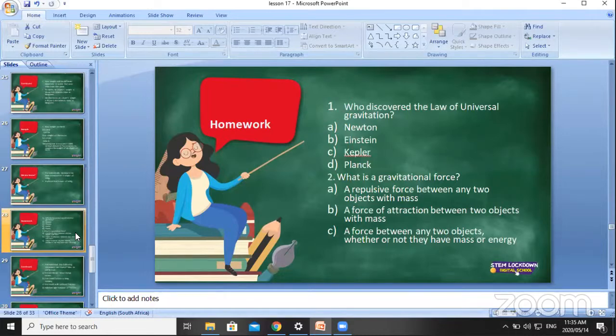Number 2, what is a gravitational force? Is it A, a repulsive force between any two objects with mass, B, a force of attraction between two objects with mass, C, a force between any two objects, whether or not they have mass or energy?